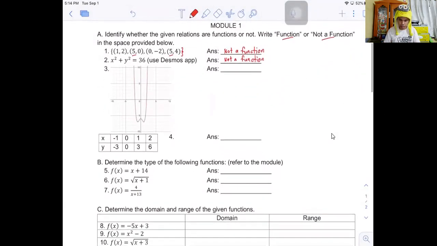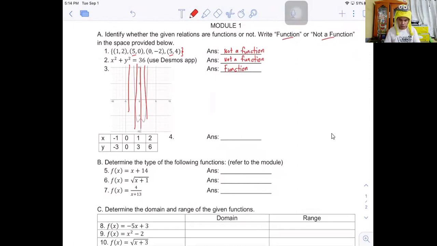For number 3, it is a function. So again, recall the vertical line test. Wherever you place the line, it will intersect your graph in at most one point. So that makes it a function. Okay, next. Number 4.